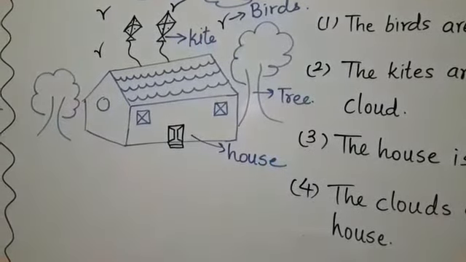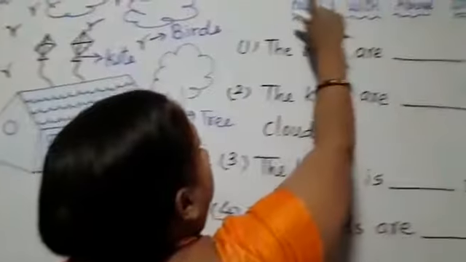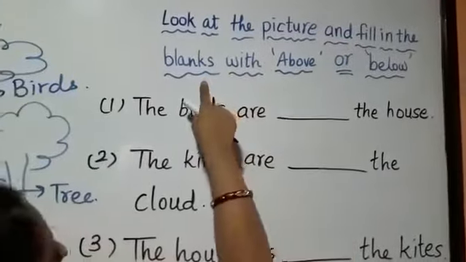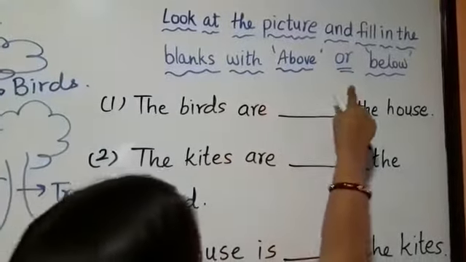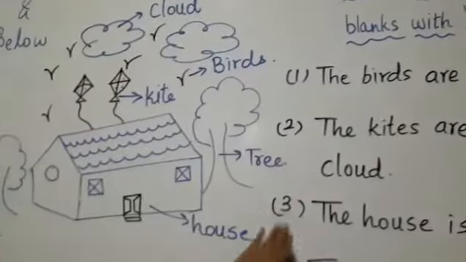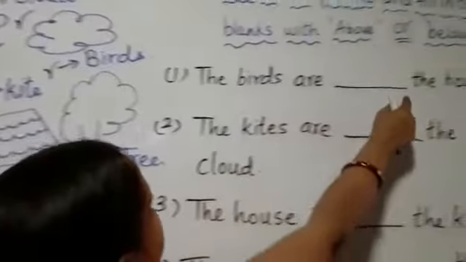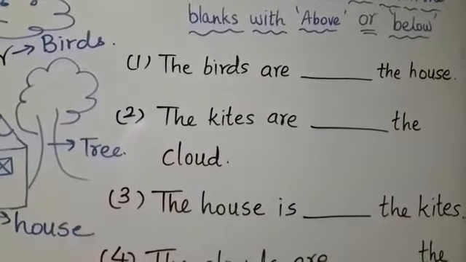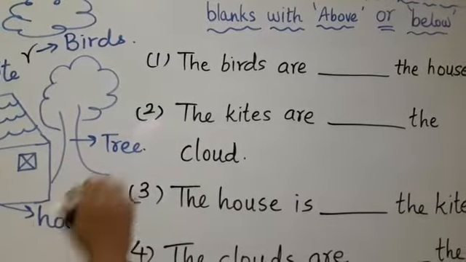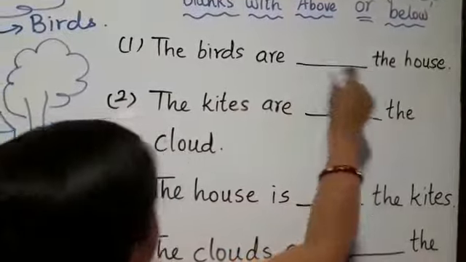So let's see what is the activity. The activity is look at the picture and fill in the blanks with above or below. Means we have to see this picture properly and we have to fill these blanks with above or below. See the first sentence. The birds are dash the house.